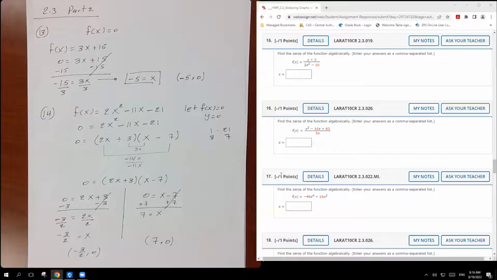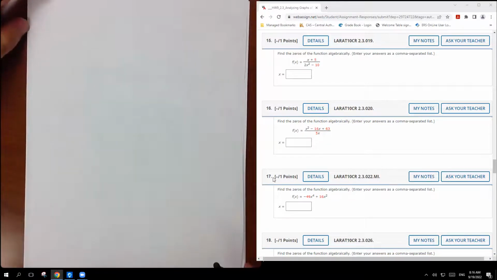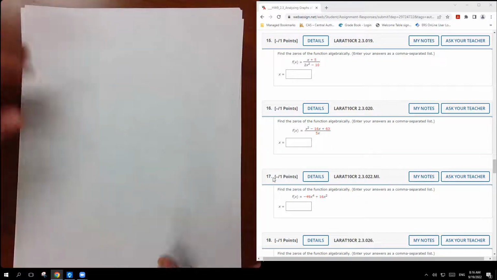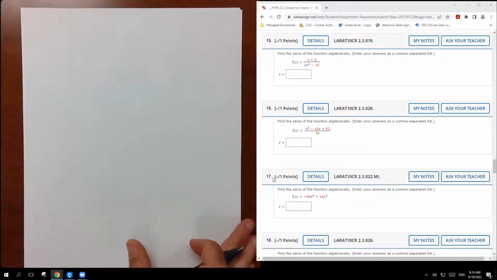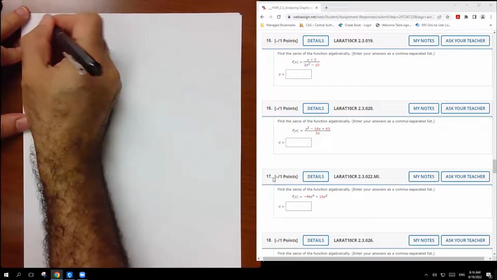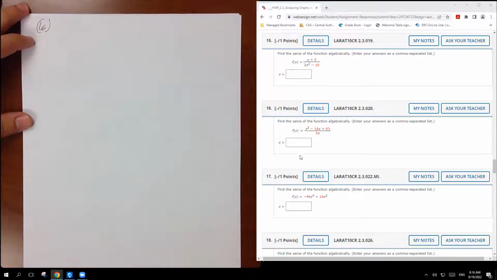How are we going to solve these examples? So example 16. Let's do another page. That's the only thing they're going to ask you: find the zeros.